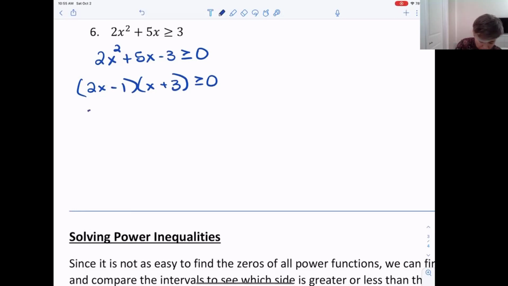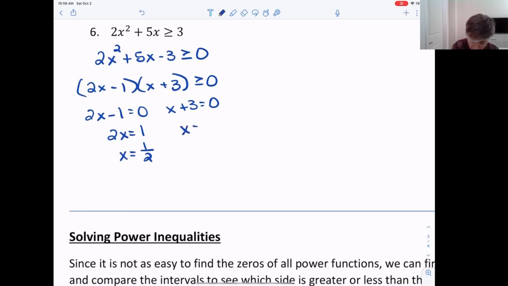And we can solve for both of these zeros by setting 2x minus 1 equal to 0 and x plus 3 equal to 0. So on the left, we add 1 to both sides. We get 2x equals 1 and divide both sides by 2. We get 1/2. And on the right-hand side, we'd subtract 3 from both sides and just get x equals -3.